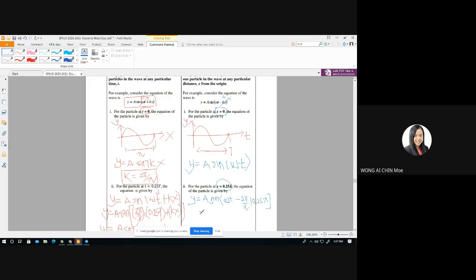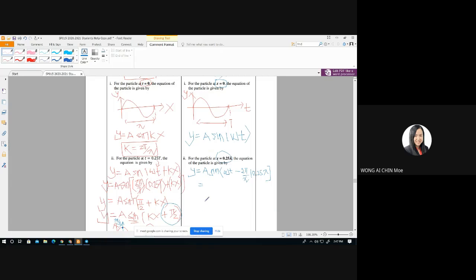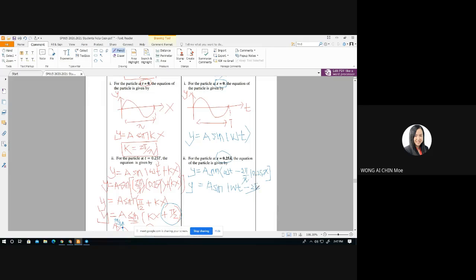Lambda cancels, so the new equation will become y equals A sine of omega t minus 2 pi times 0.25, which is not 2 pi, sorry, it is pi over 2.